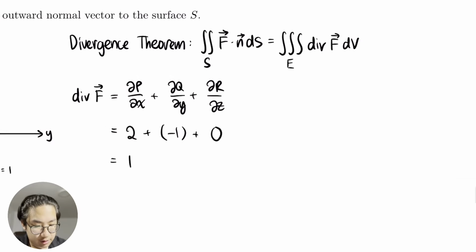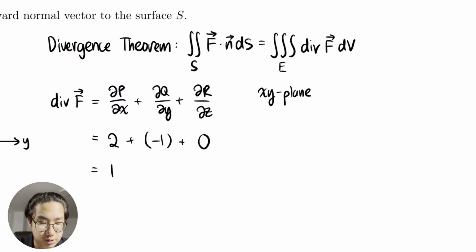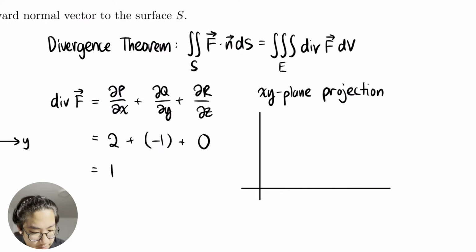Then we'll quickly sketch the xy plane projection on the side, so that we can move on to the next step, which is to find a quantification for this solid E. This one is pretty straightforward. We literally just have y is equal to root x, so it looks something like this. This is not going to be to scale, it's just a rough sketch.